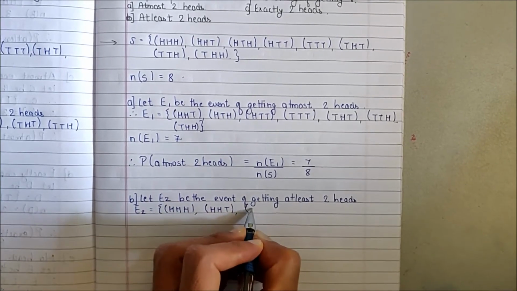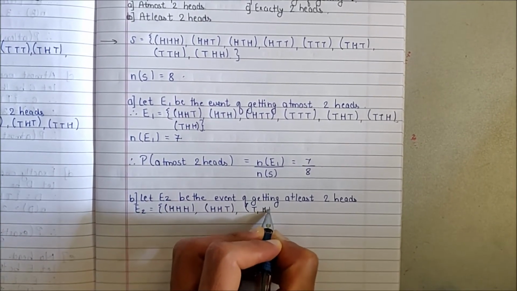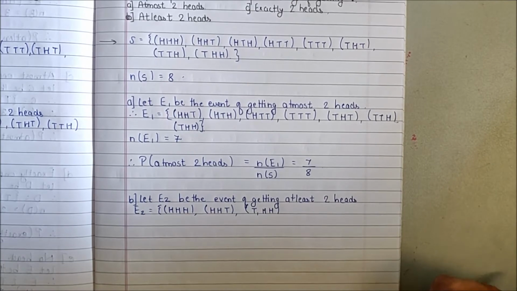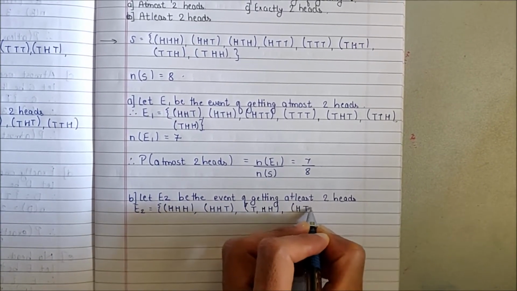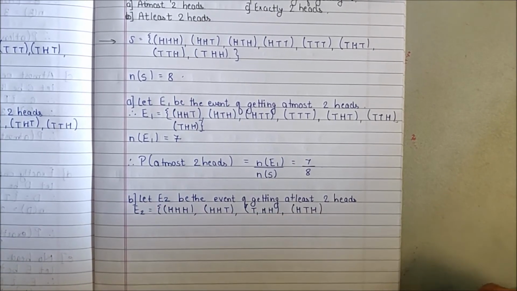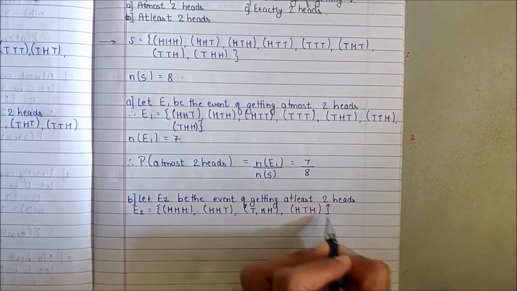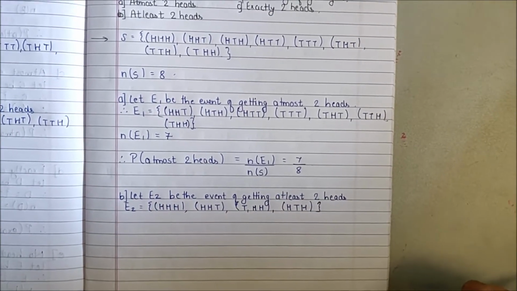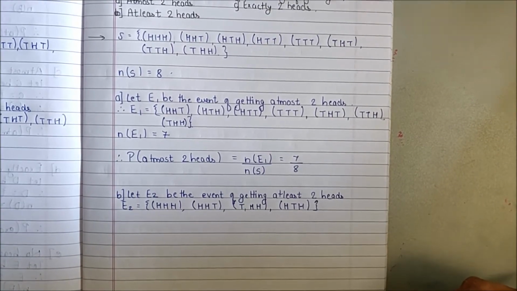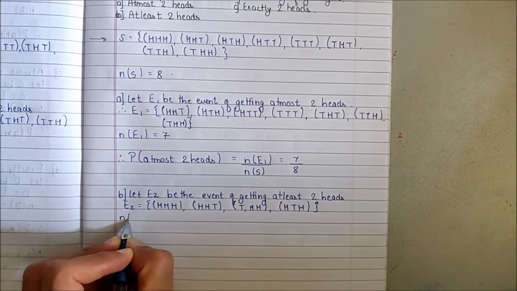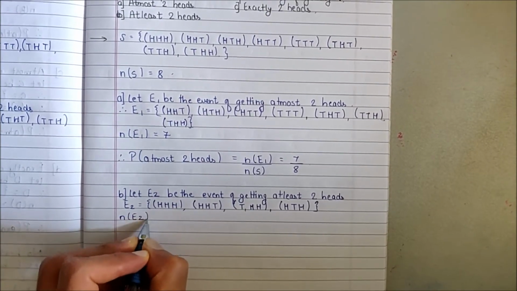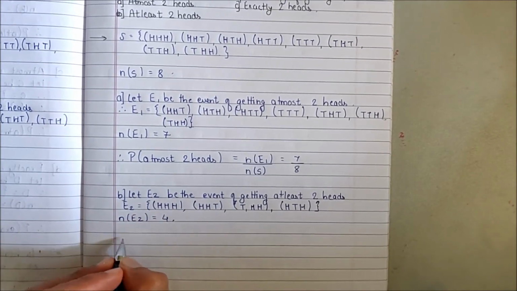Then first showing tail, second and third showing head is going to be included, and first showing head, second tail and third showing head is going to be included. So these are the possible cases for at least 2 heads. So n of E2 is going to be 4.